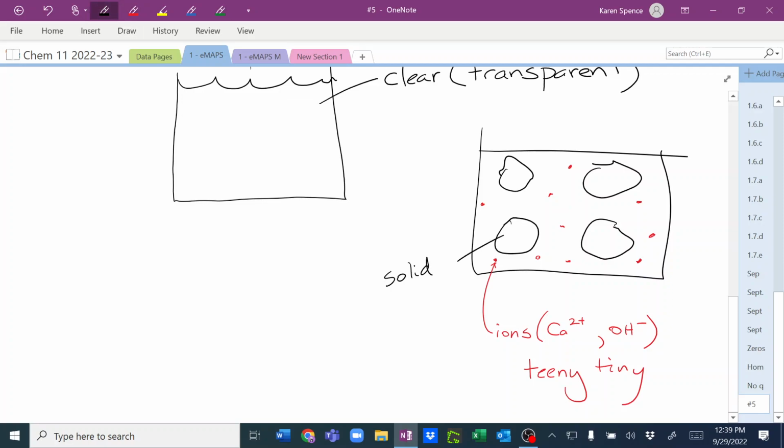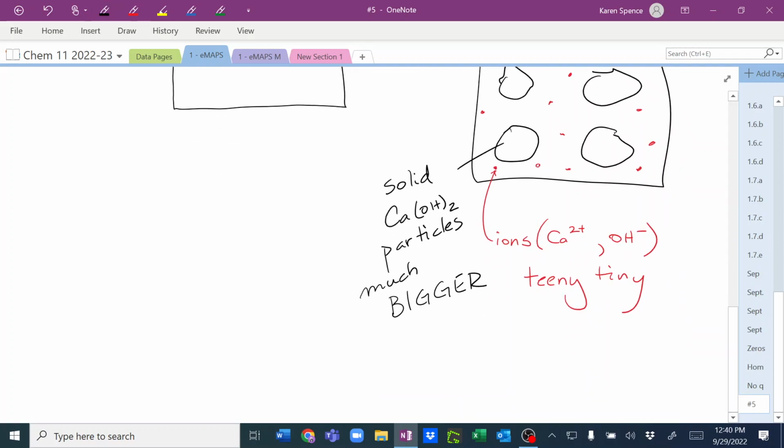The solid Ca(OH)2 particles are much bigger. So the solid gets stuck on the filter paper.